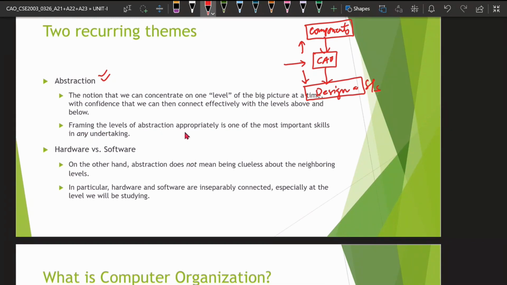Framing the level of abstraction appropriately is one of the most important skills in any understanding. In terms of computer design, or suppose we have some algorithm, once we go for writing a program, we write an algorithm. An algorithm is step 1, then step 2, then step 3, and then step 4, like that.